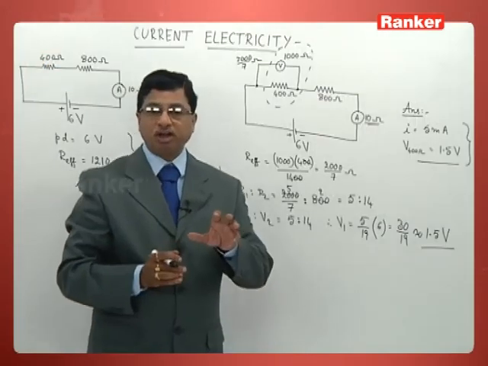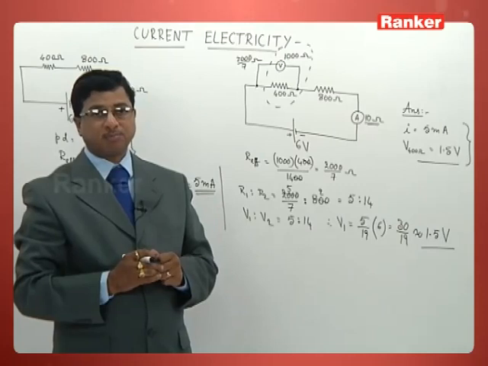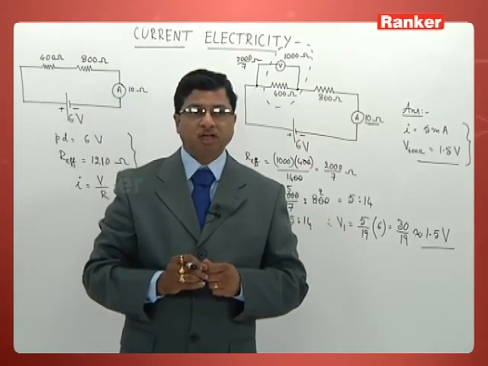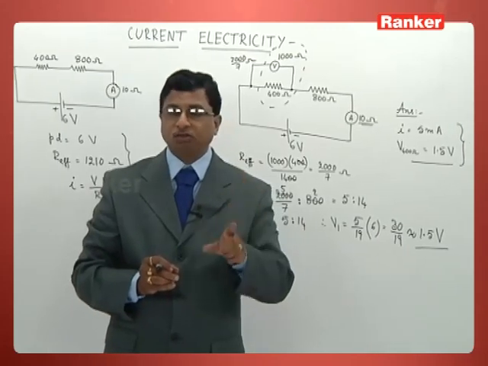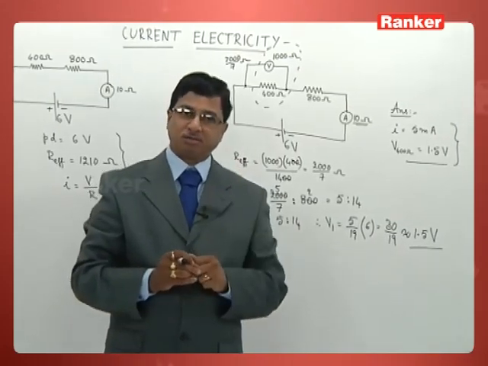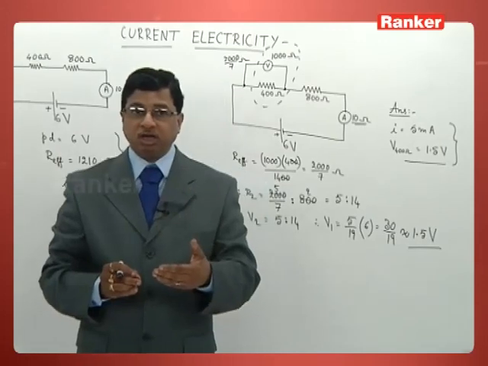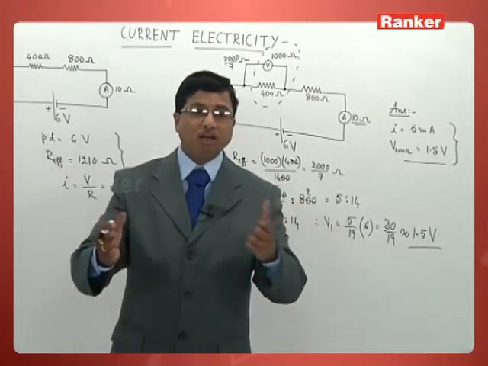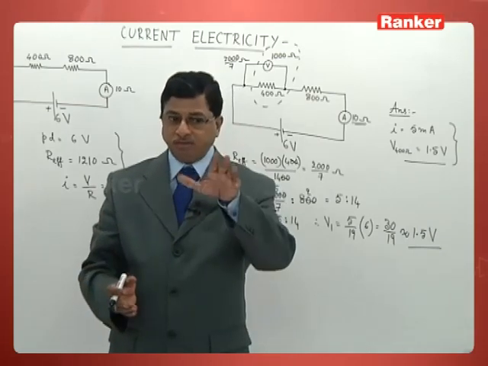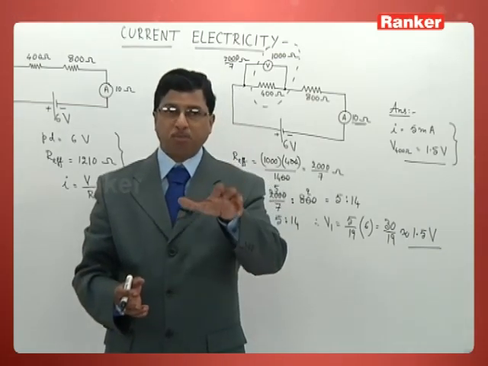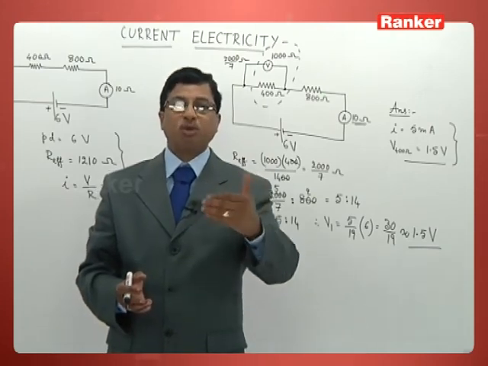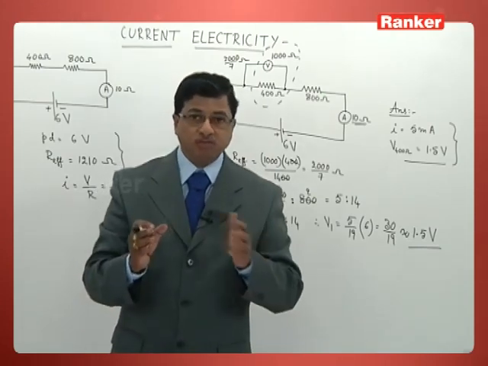But the only thing you should understand from this model is, any time in any circuit, ammeter is always to be connected in series. Voltmeter should always be connected in parallel. Parallel across what? Across that particular appliance across which we just want to calculate the potential difference.